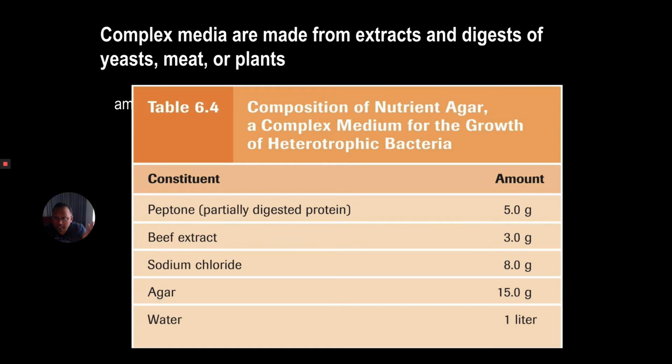But what is beef extract? How many grams of glucose is in there? How many grams of methionine is in there? We don't know. And so a complex media is not that well. You don't know it on a molecule by molecule level.